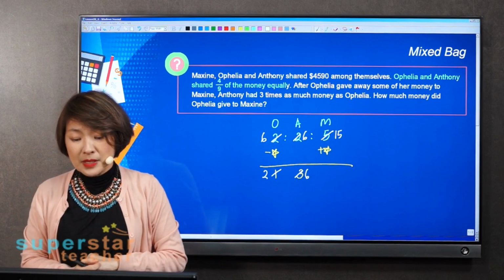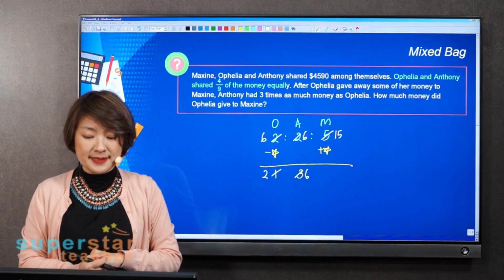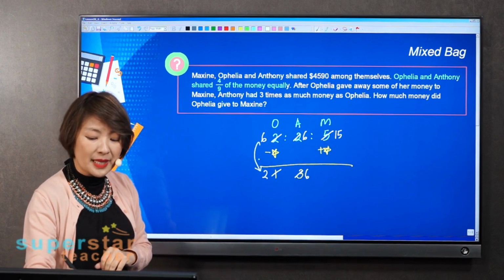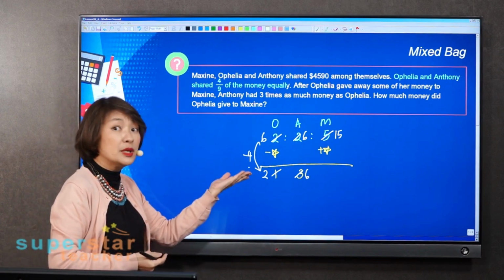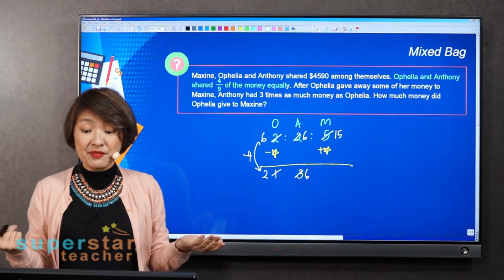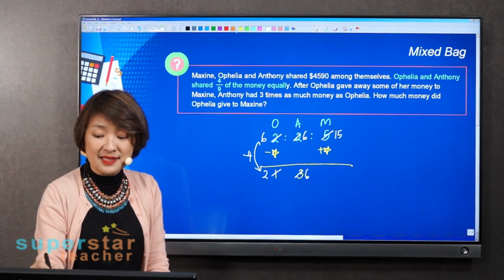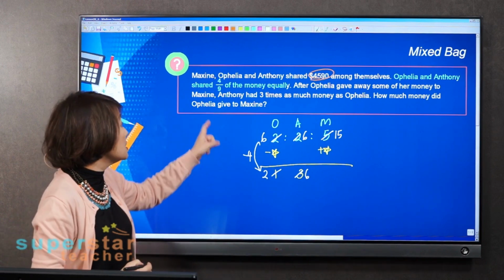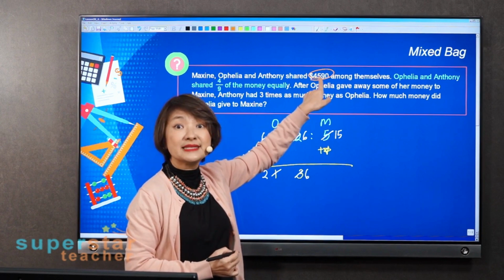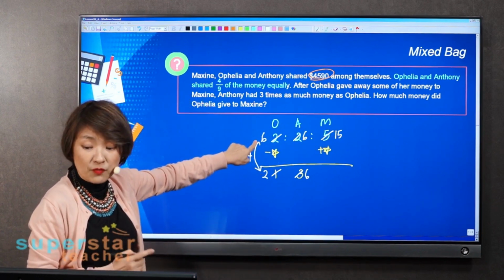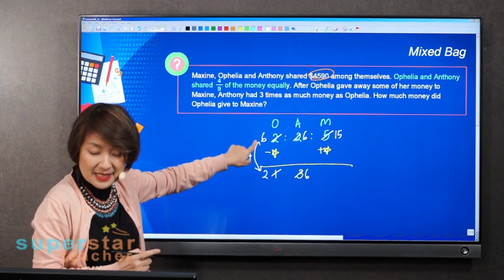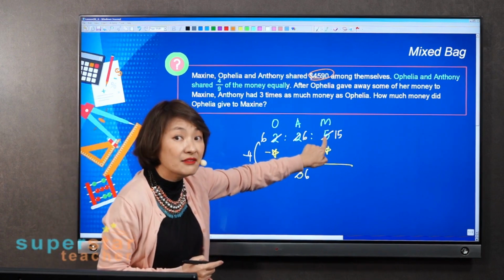They say, how much money did Ophelia give to Maxine? So if you look at this, you know that it's actually 4 units, right? But how much is 4 units? Do you know a fact? Well, the fact is hidden here. The total was 4,590 and it's at the beginning. So how many units is equal to 4,590? Is it 2 plus 2 plus 5?